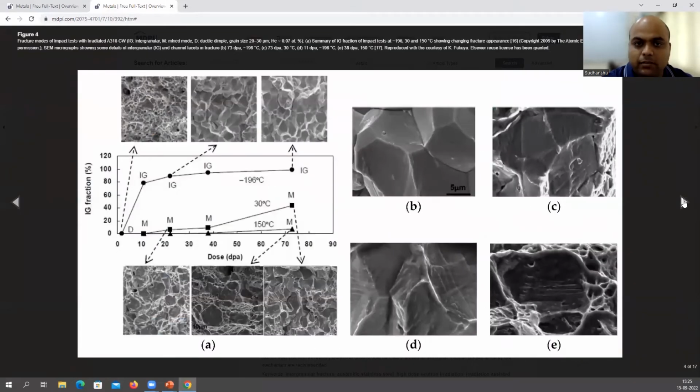Now let me bring up the intergranular fracture. This particular image here at the center is intergranular fracture. What you see here is a typical grain. Whenever we talk about intergranular fracture, remember the crack propagates along the grain boundary. If you look at the fracture surface, you are going to see the grain structure, and that is what you see in this image and this image also.